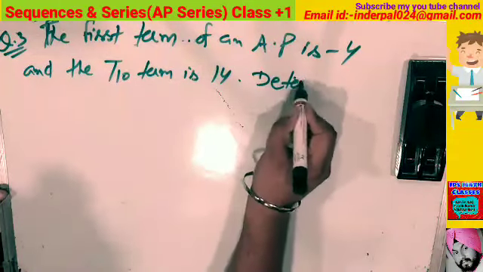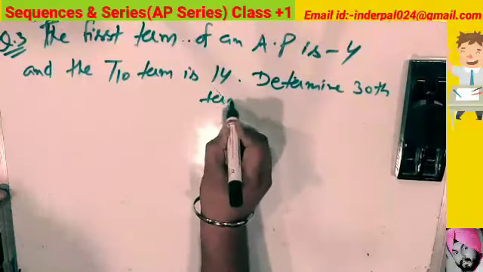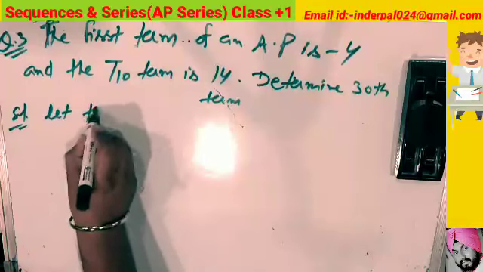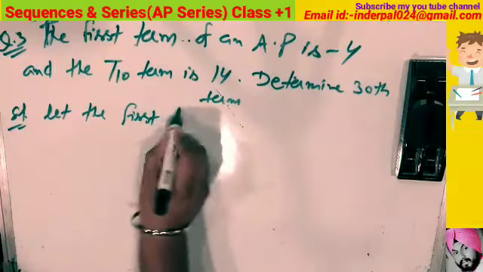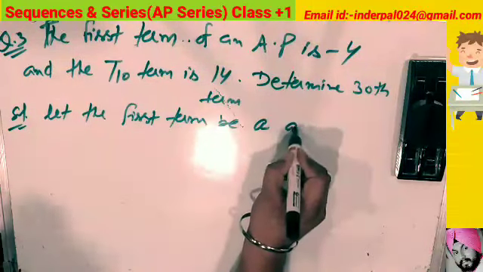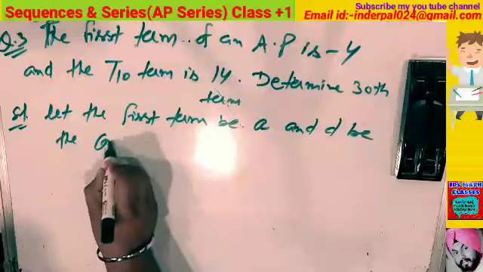Determine the 30th term. Solution: let the first term be A and D be the common difference.